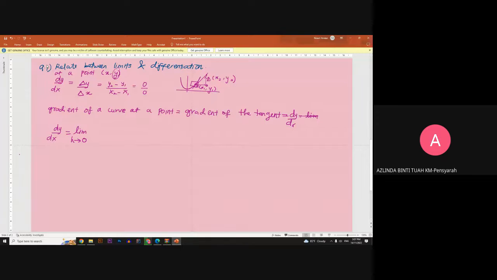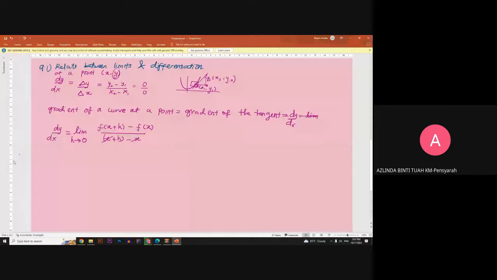So y2 minus y1 over x2 minus x1, we just focus on h at the denominator. That's the relationship between limits and differentiation.